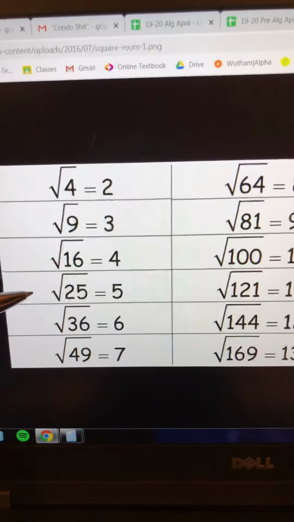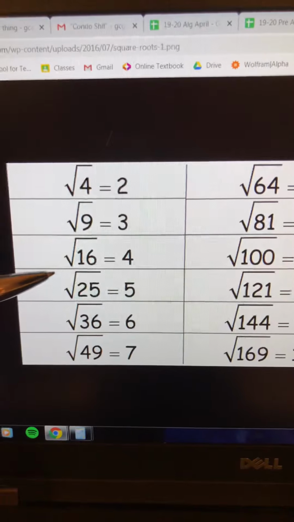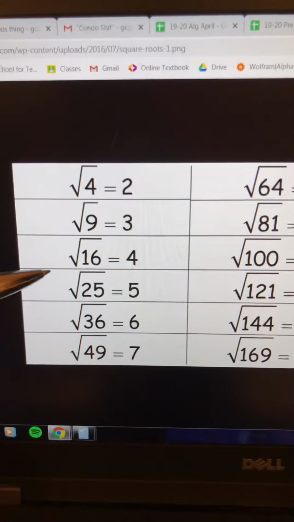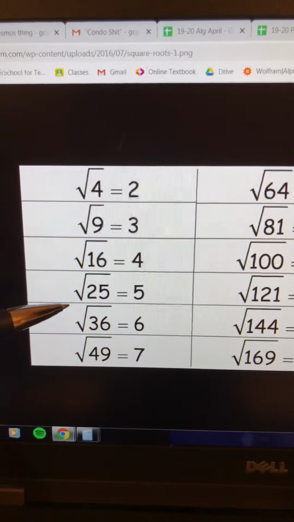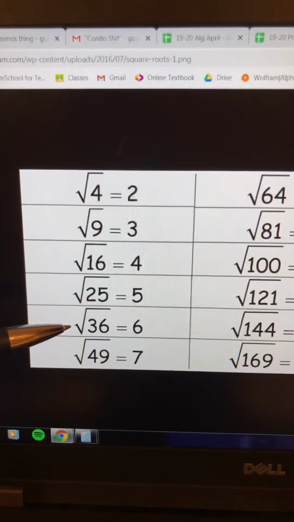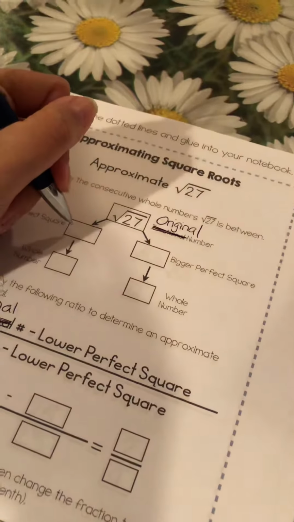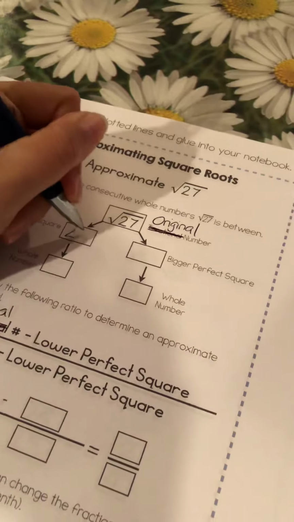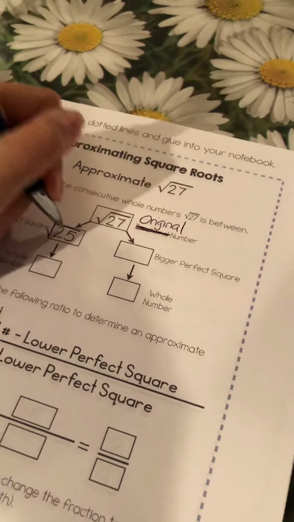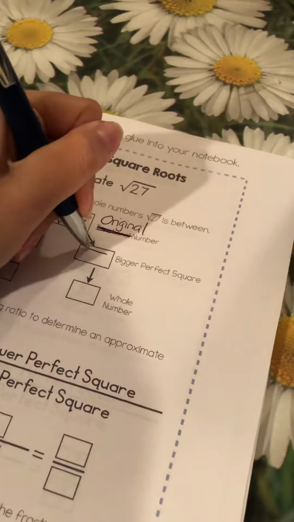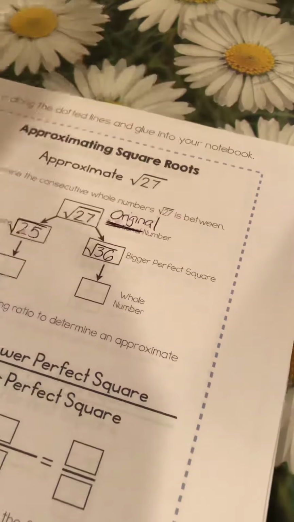So the lower number is going to be our lower perfect square, 25, and our higher number, the number that's bigger than 27, is going to be our bigger perfect square. So in this document, the lower perfect square is going to be the square root of 25, and the bigger perfect square is going to be the square root of 36.